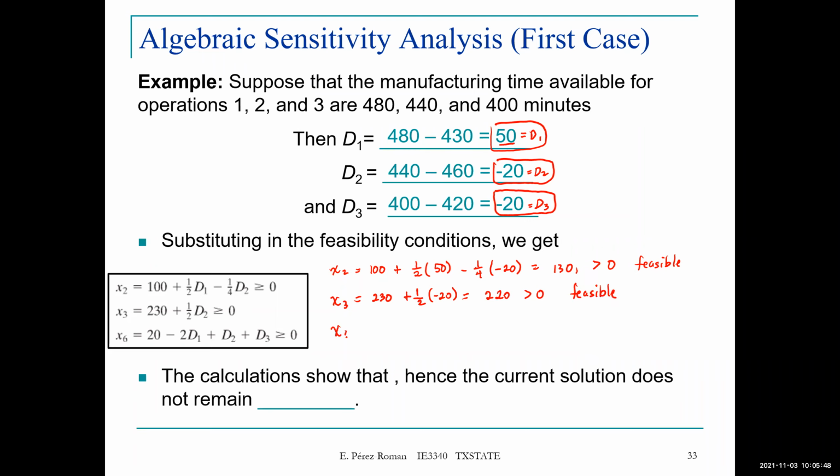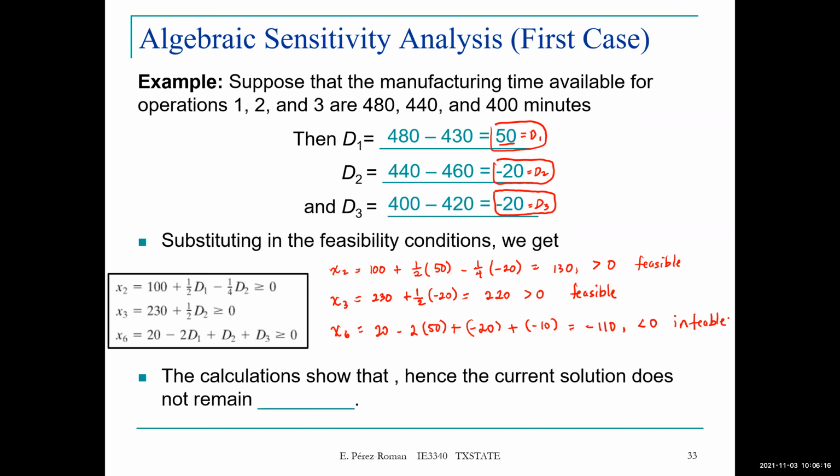And then I have X6, 20 minus 2 times 50 plus minus 20 plus minus 10 equals minus 110. So this is less than 0, so this one becomes infeasible.